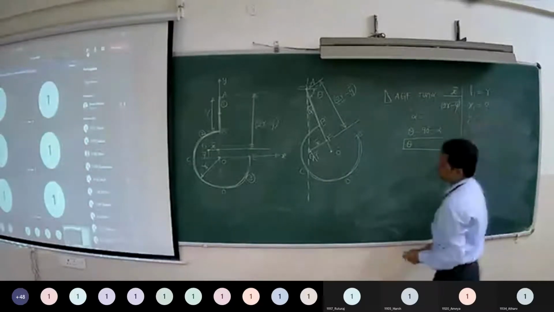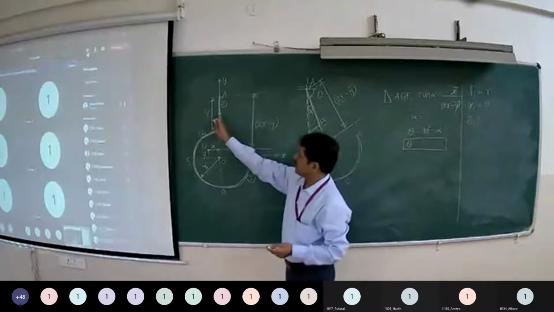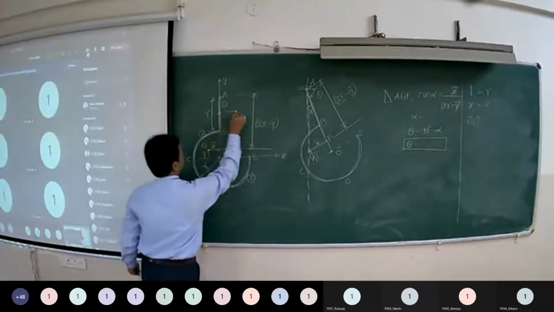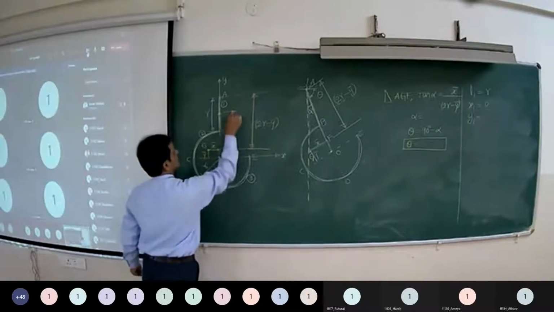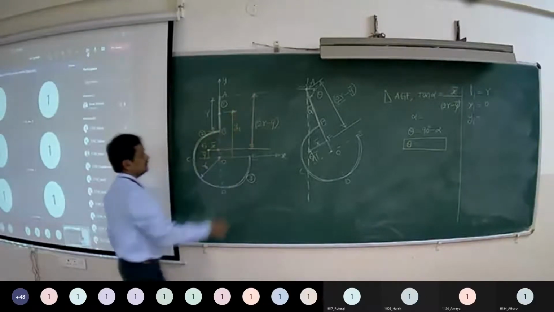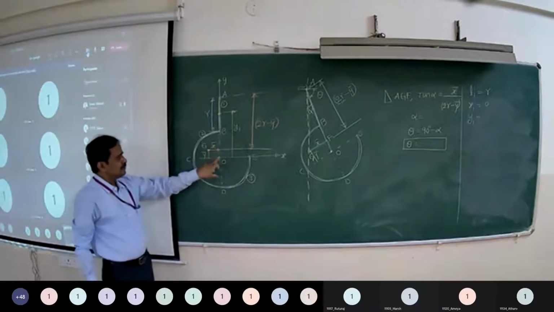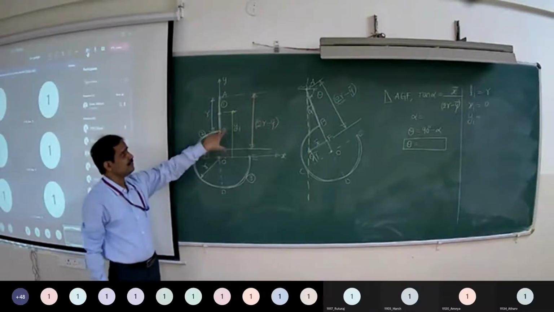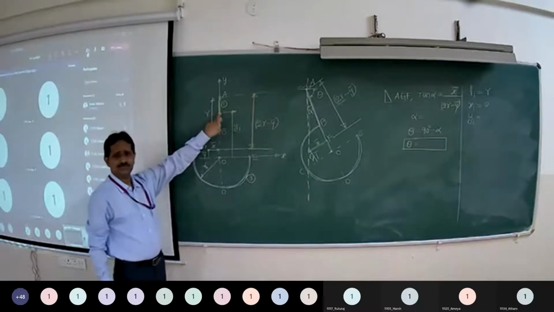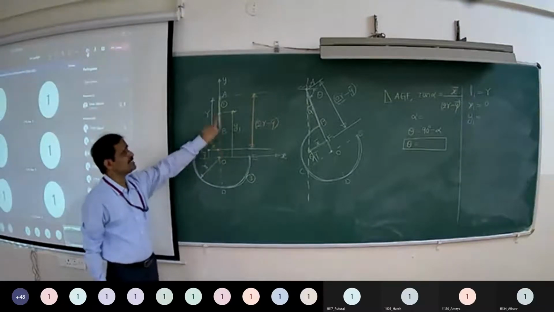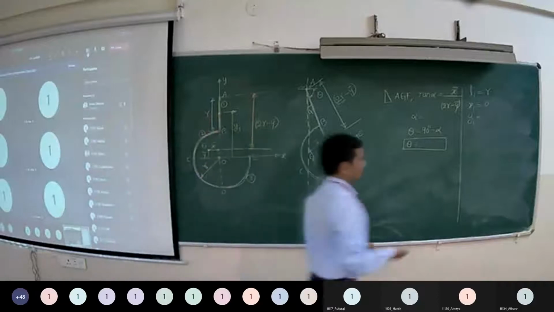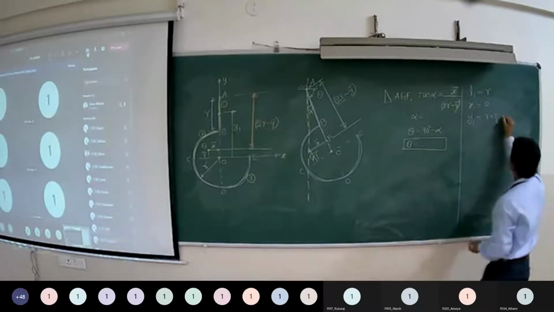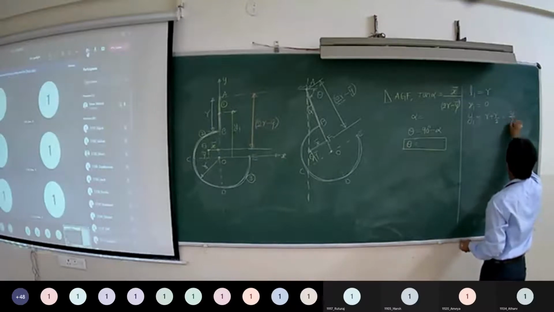Y1, distance of centroid of line AB from x-axis. From O to B, R radius, and from B to this point, R plus R by 2, that is 3R by 2.